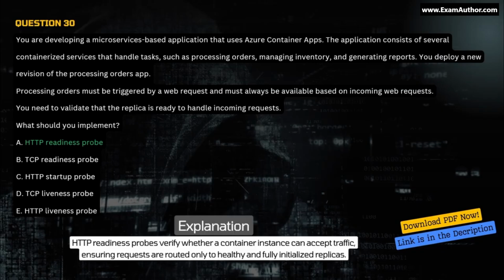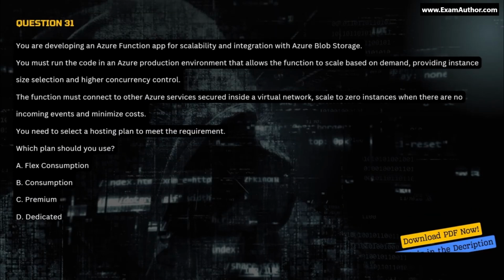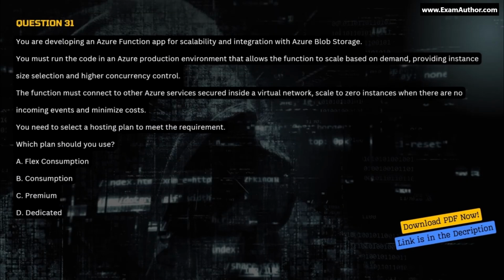Explanation: HTTP readiness probes verify whether a container instance can accept traffic, ensuring requests are routed only to healthy and fully initialized replicas. Question 31. You are developing an Azure Function app for scalability and integration with Azure Blob Storage.